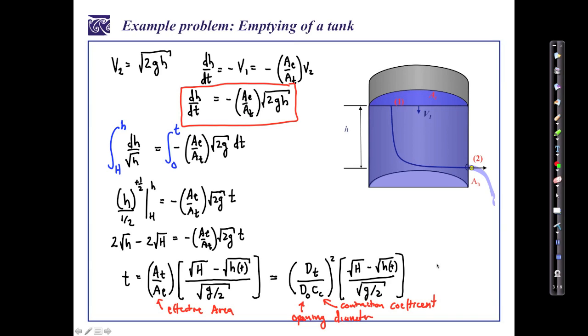So this can be between about 0.5 to 1 depending on the geometry of the exit.